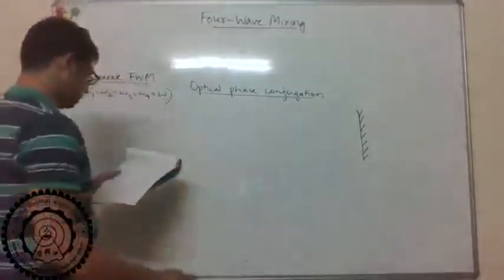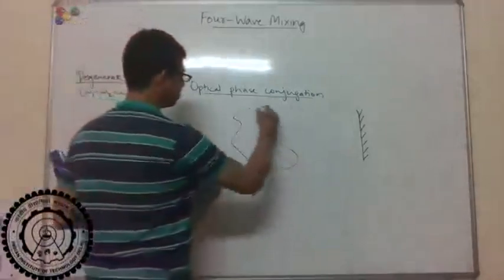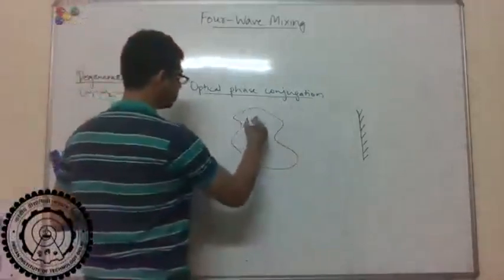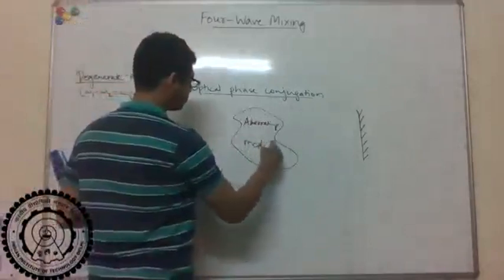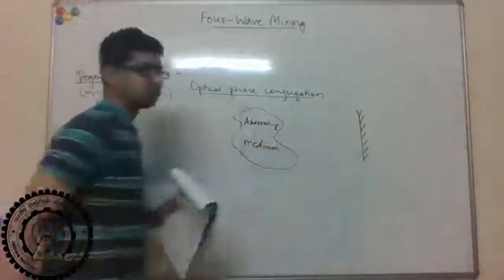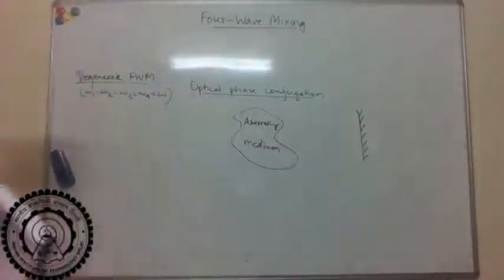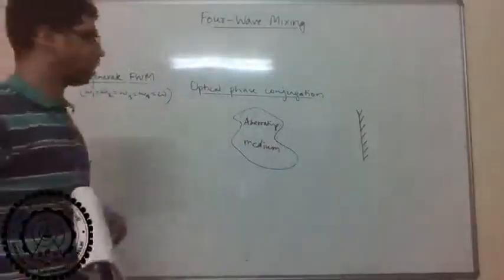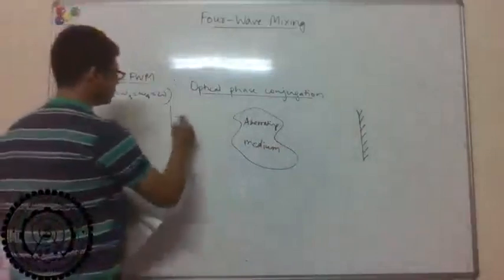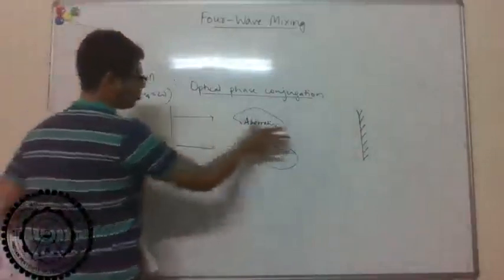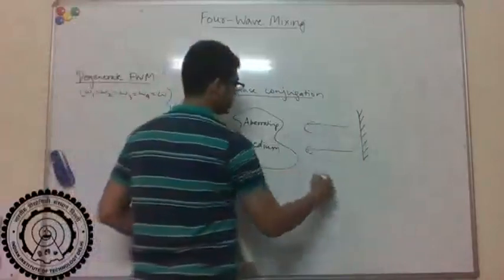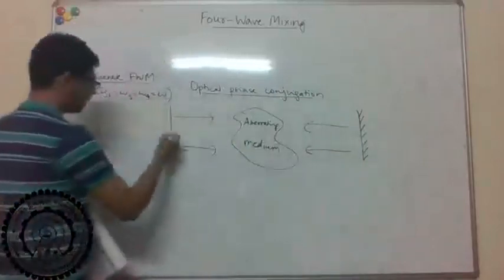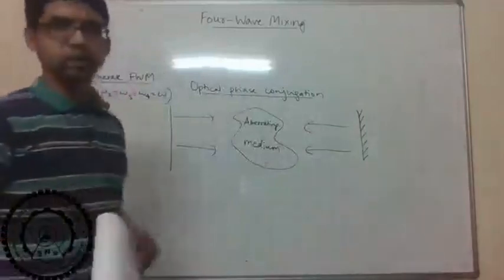So the idea is, let's say I have some turbulent or aberrating medium here, and I have some object here that I want to image. Typically, like in microscopy, you shine light from the source, then you get reflected from the object, and then collect the reflected light back.